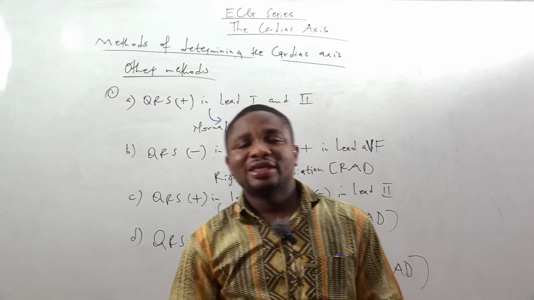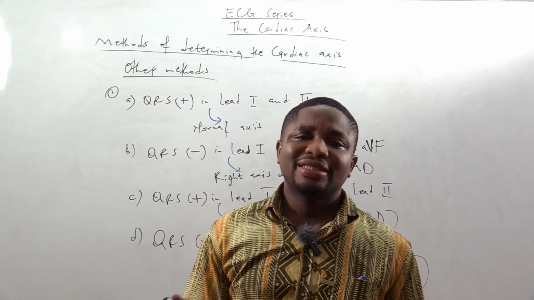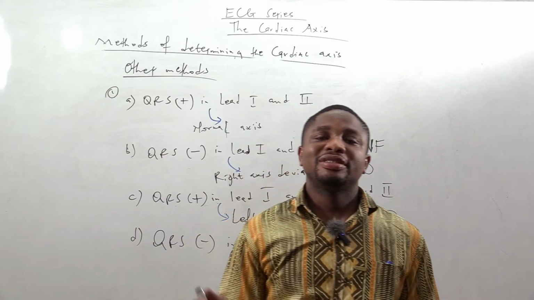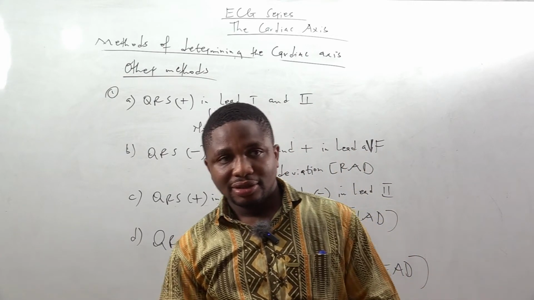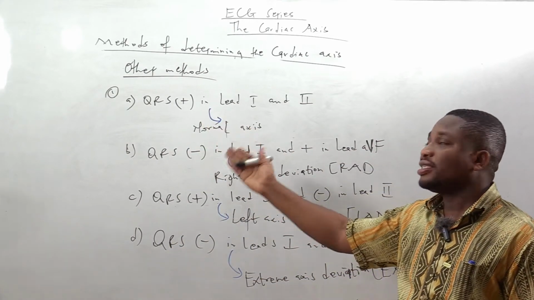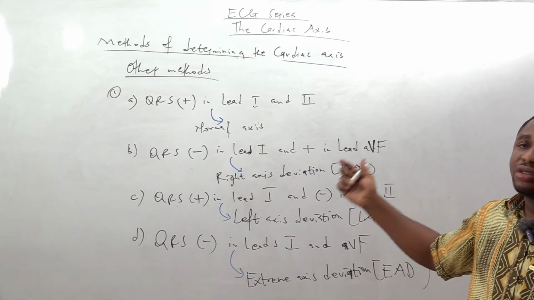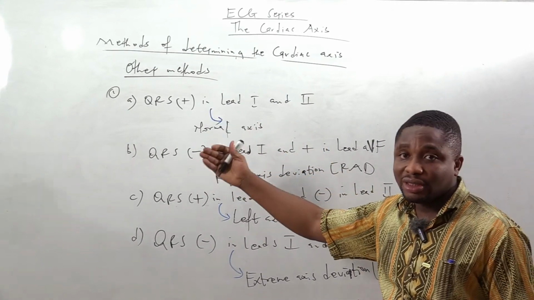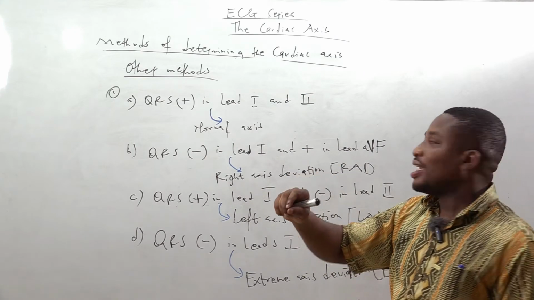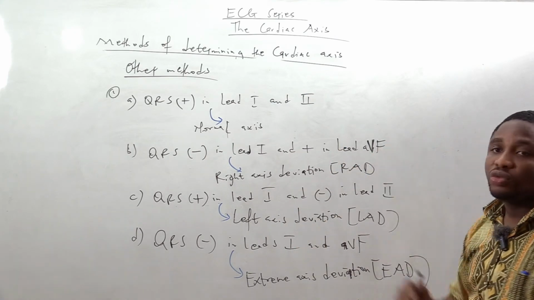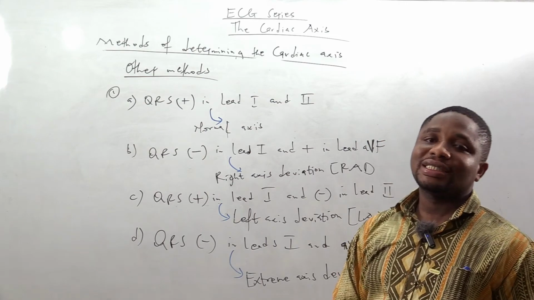Alright, so let's have a look at another simpler method to determine the cardiac axis. Here I listed the simplest approach. If you look at the QRS complex and it's positive in lead 1 as well as lead 2, know that that is a normal axis.